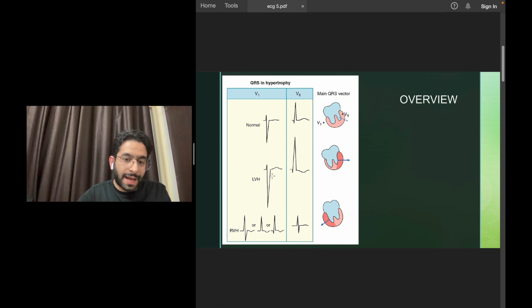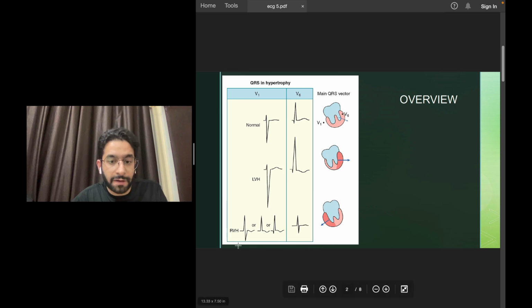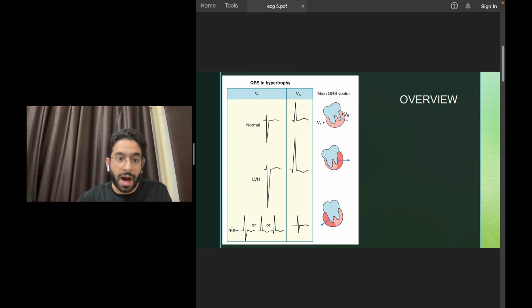As a result, your right-sided lead V1, instead of recording a predominant negative wave as in the normal situation, is going to record a predominant or exclusively positive wave. There's a tall R and then an S, or you simply have an R wave with no Q and no S, or you have a QR complex, a small q and then a tall R.